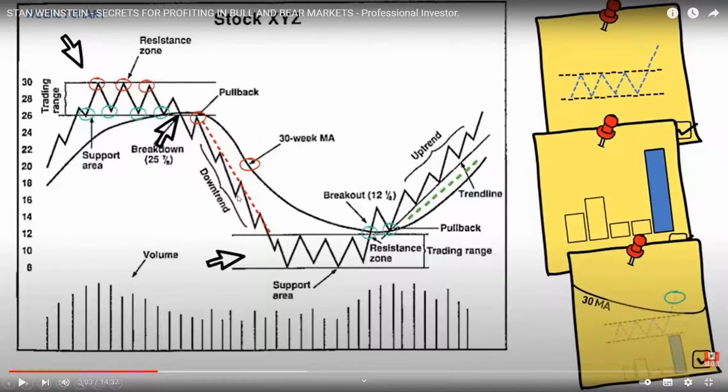And this continues until the price again forms a range near the 30 moving average and gives a breakout on the upside, and you can see again there is an uptrend. So at this point of time, this is the best time to invest. Let us see this in detail.